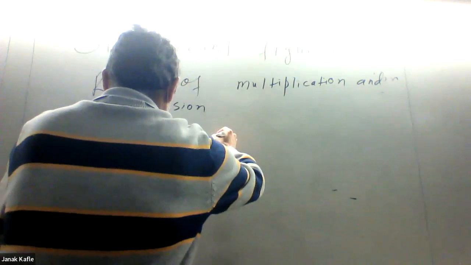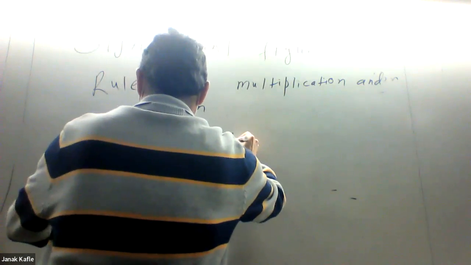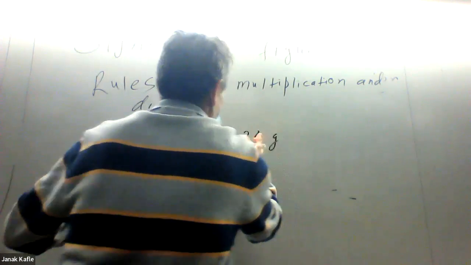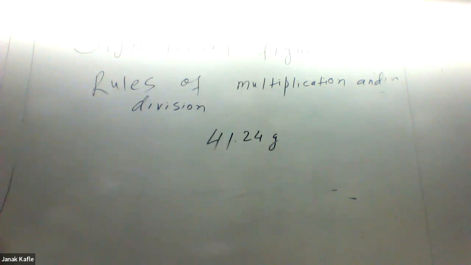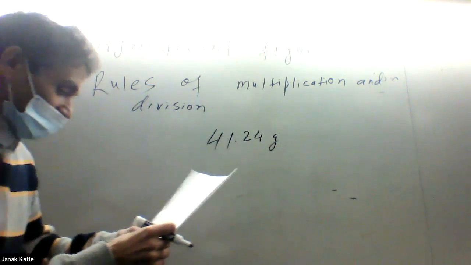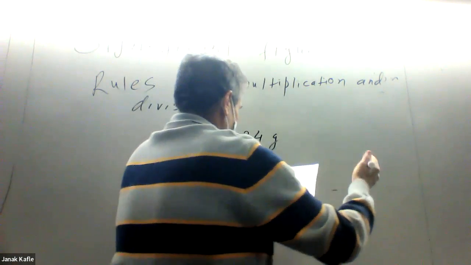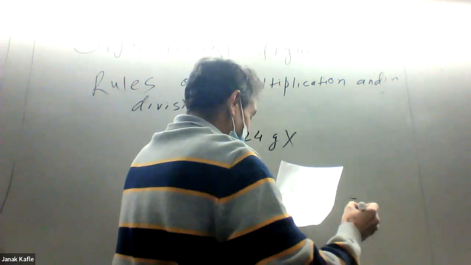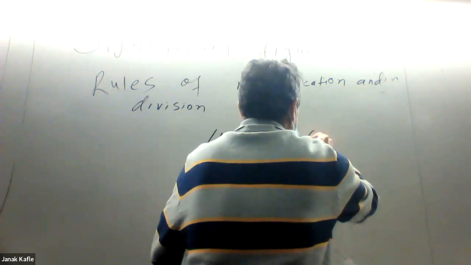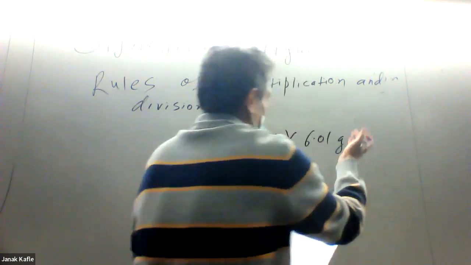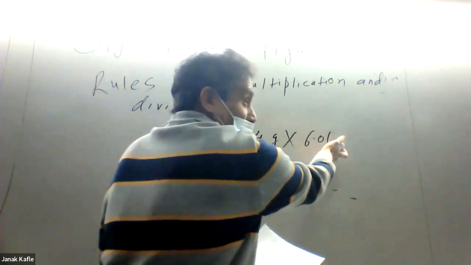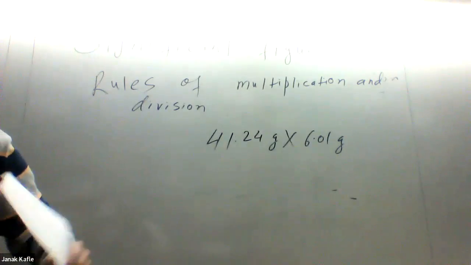Here is a problem. Let's multiply 41.24 grams. Somebody measured the mass of something and reported the number 41.24 grams. And then he measured another mass and multiplies by 6.01 gram, or it could be volume, I don't know. This could be mass or this could be milliliters or something. It's all about the measurement, yeah?